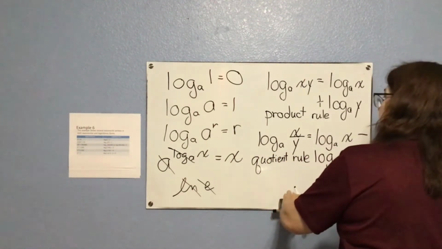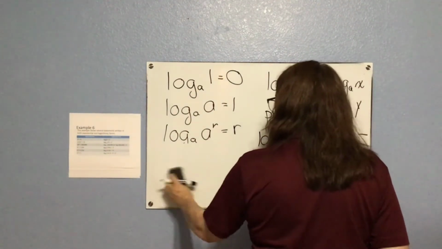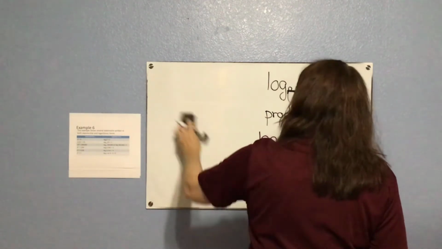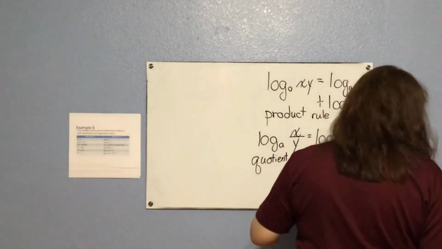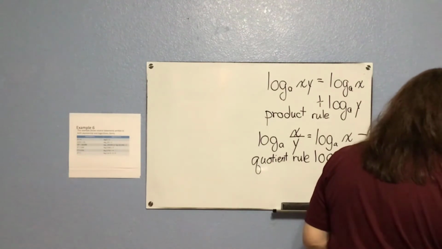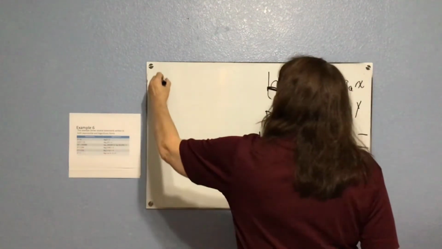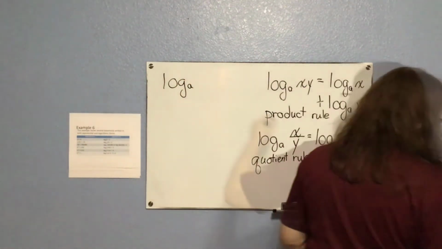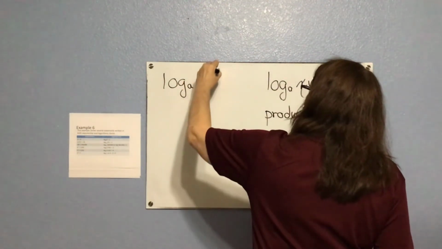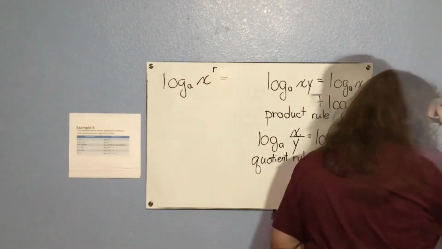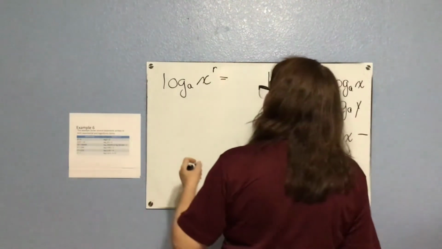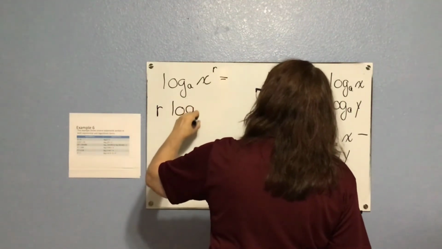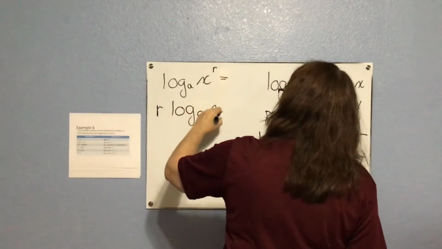And the final one I'm going to show you is probably one of the most useful ones when we're trying to solve an equation where there's a variable exponent. So if I have log base A of x to the r, I can rewrite that as r log base A of x.